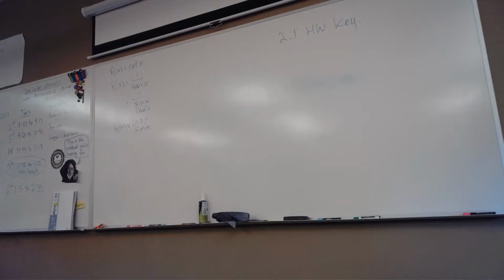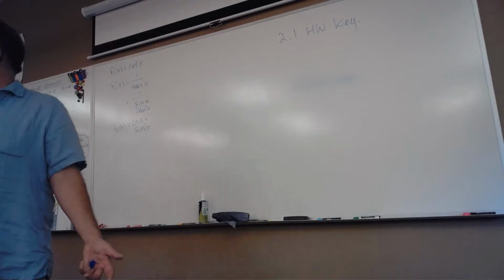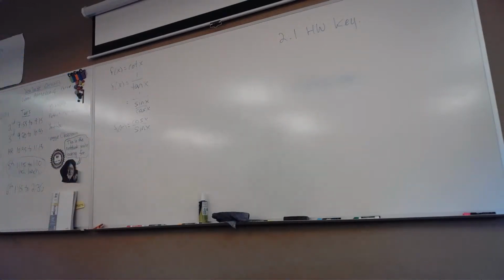When do you have a vertical asymptote? Come on, this is algebra 2. Straight up basic algebra 2. Vertical asymptote. What has to be true of your giant big polynomial fraction to have a vertical asymptote?